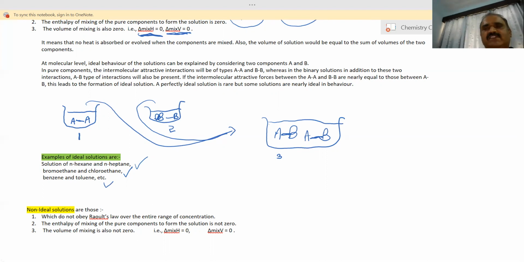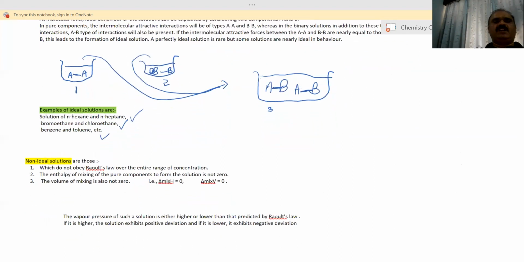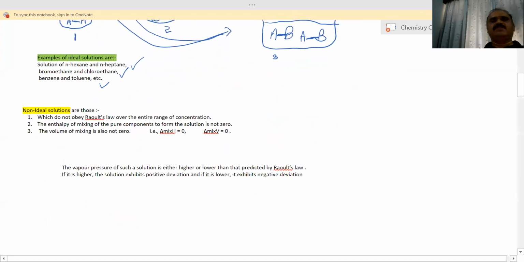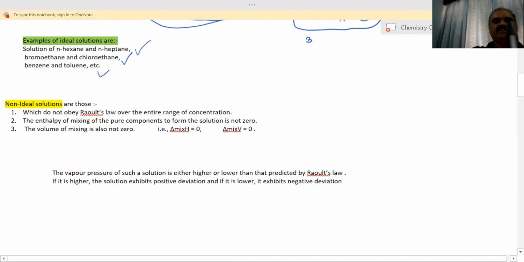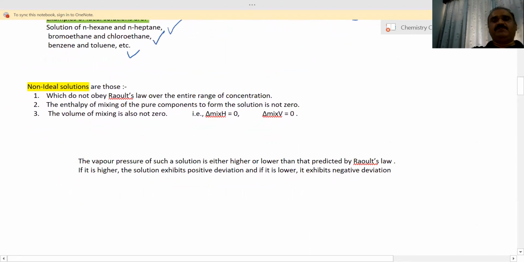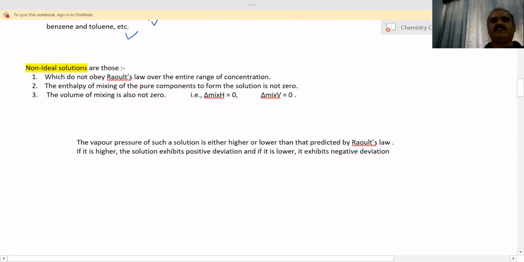Now, let us discuss what non-ideal solutions are. Non-ideal solutions are those, number 1, which do not obey Raoult's law over the entire range of concentration.